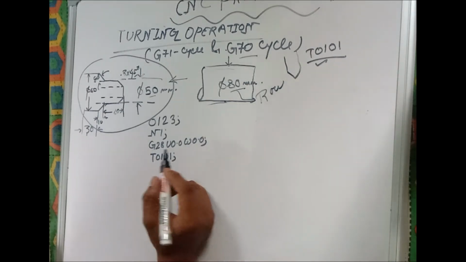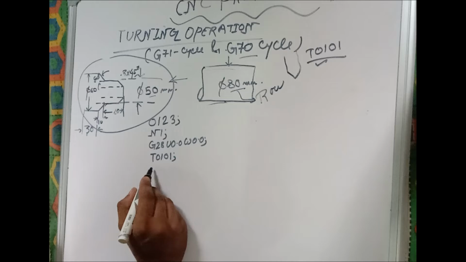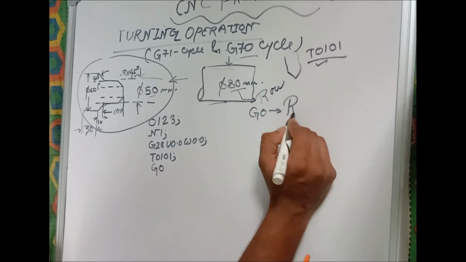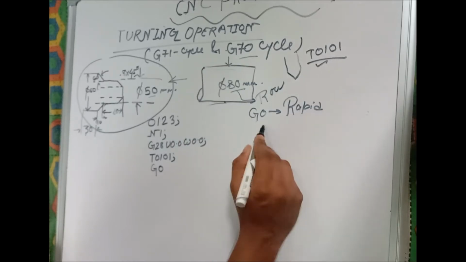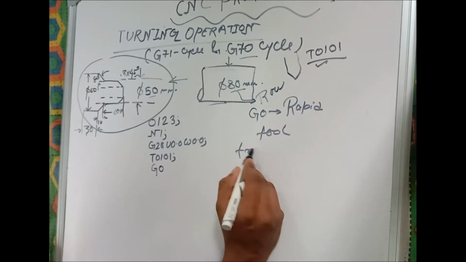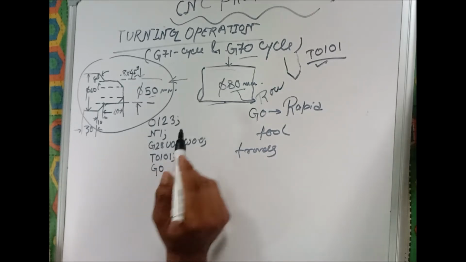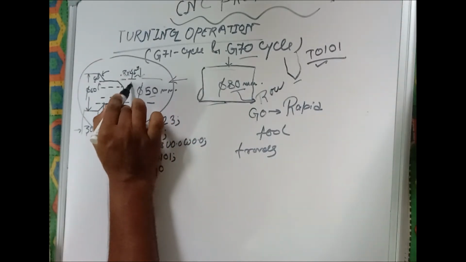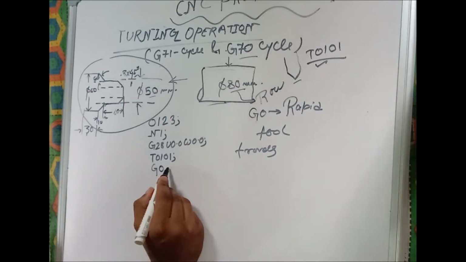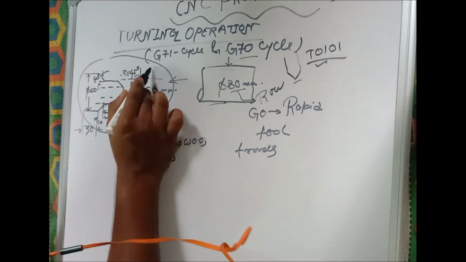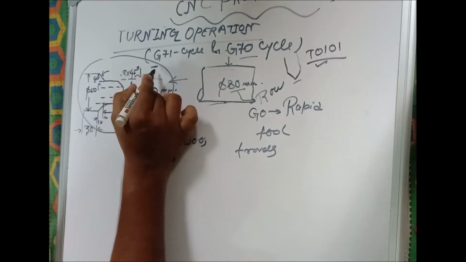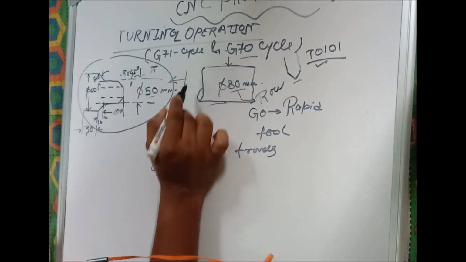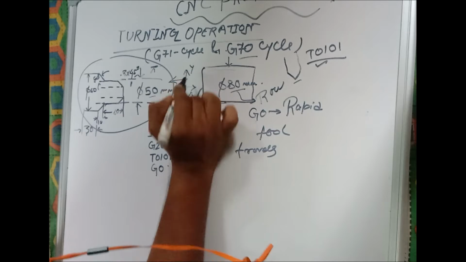Suppose the tool should come from home position to the required position: G0. G0 represents rapid tool travel. Suppose we have to take the tool from home position to the job. This is the X-axis and that is the Z-axis.